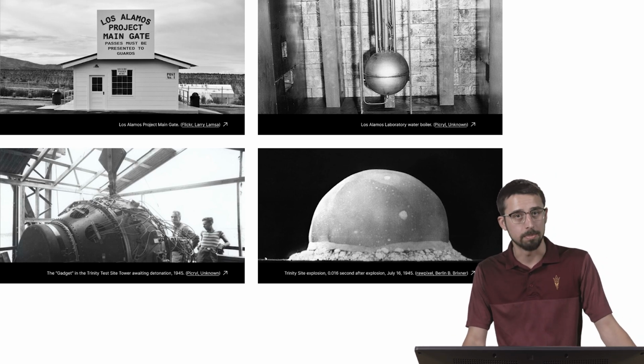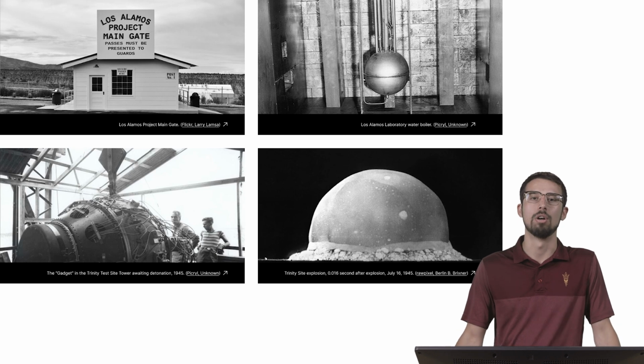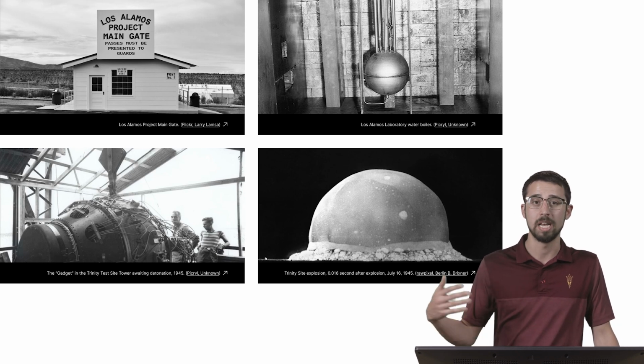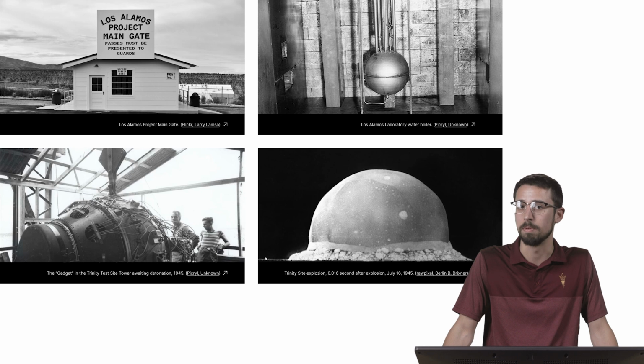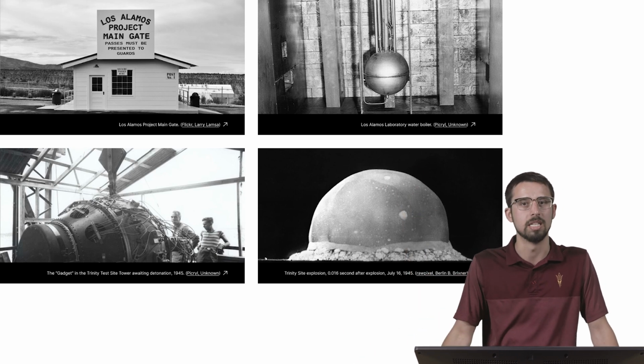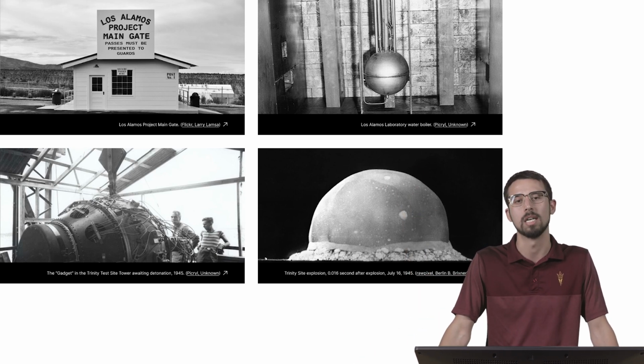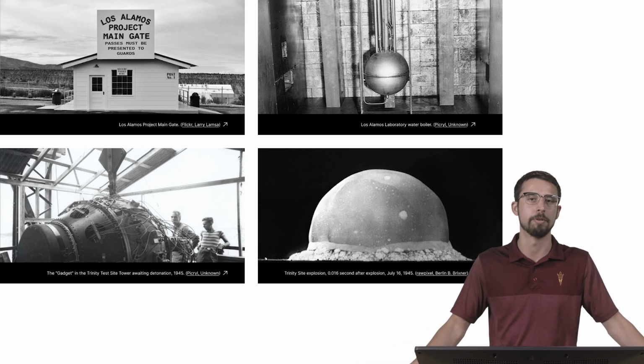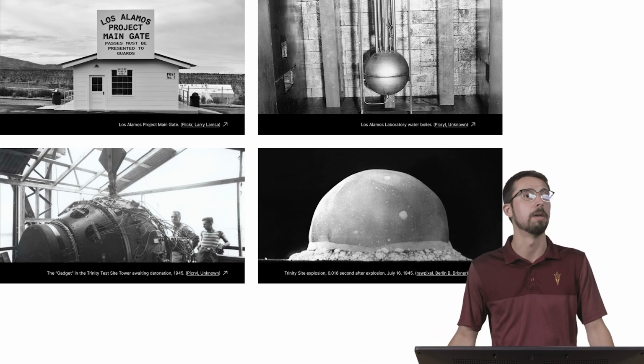And then a very similar method ultimately was used to manage the Manhattan Project during the development of the atomic bombs, which unfortunately devastated the Japanese cities of Hiroshima and Nagasaki, but have now become very popular in movies like Oppenheimer.